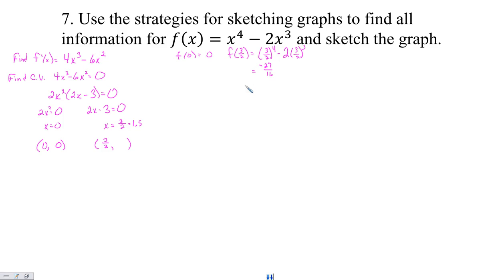You can rewrite that as a mixed number if you prefer. When you get ready to graph this, it is negative 1 and 11/16. Check in MyLabs Plus as to whether they would prefer an improper fraction or a mixed number. So anyway, our second point here is negative 27/16.